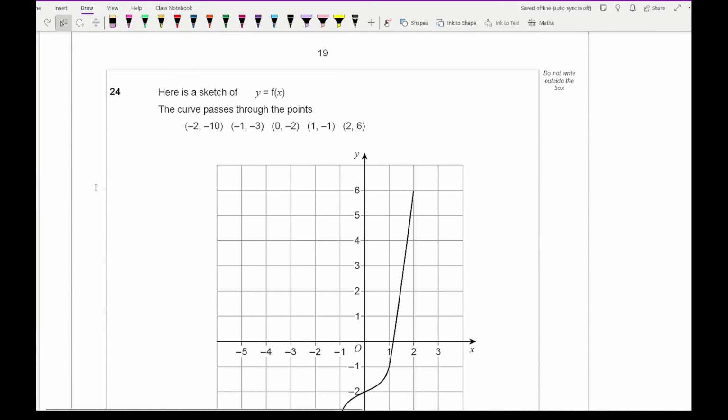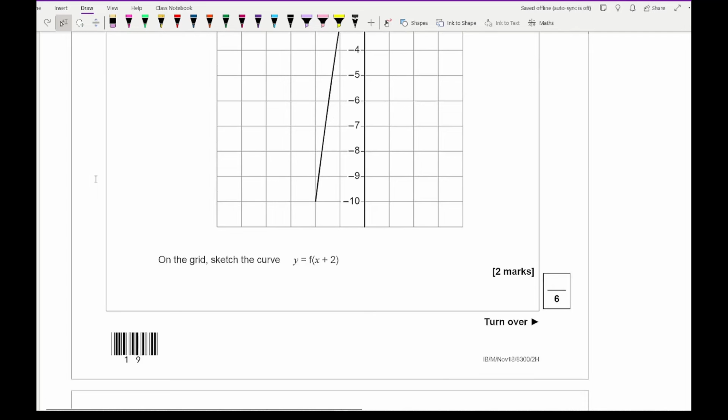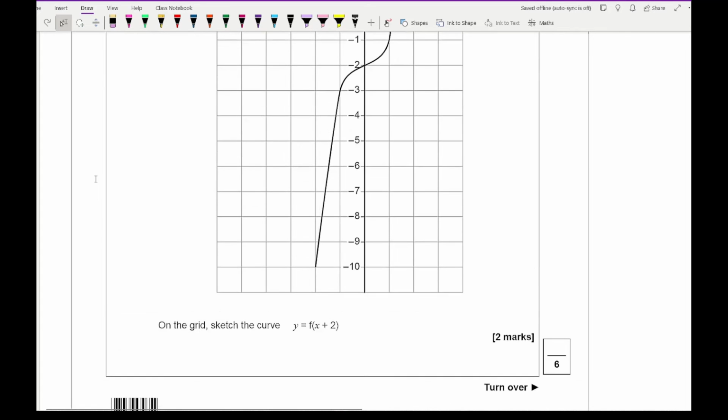For question 24, it says here is a sketch of y equals f of x. The curve passes through these points, and the question is saying on the grid sketch the curve of y equals f of x plus 2. So what this means is we're going to shift the curve 2 places to the left.